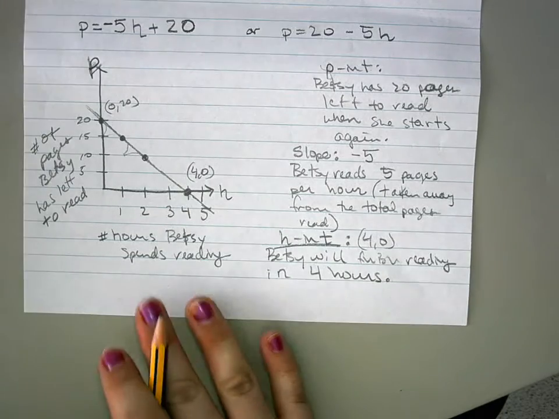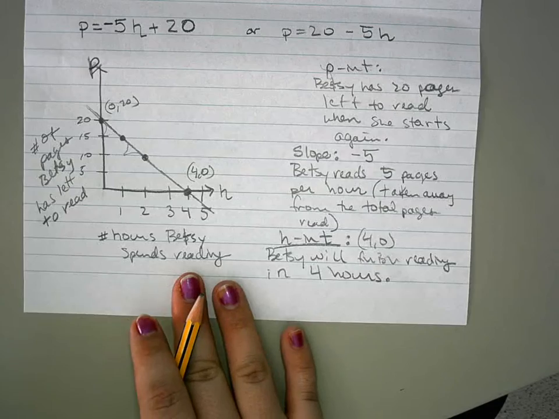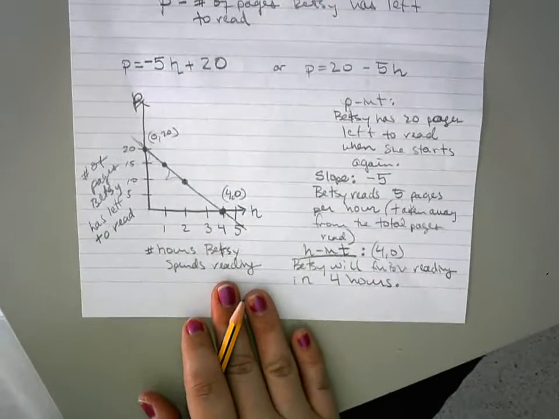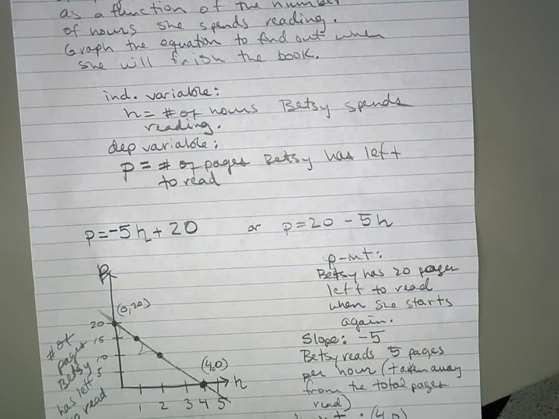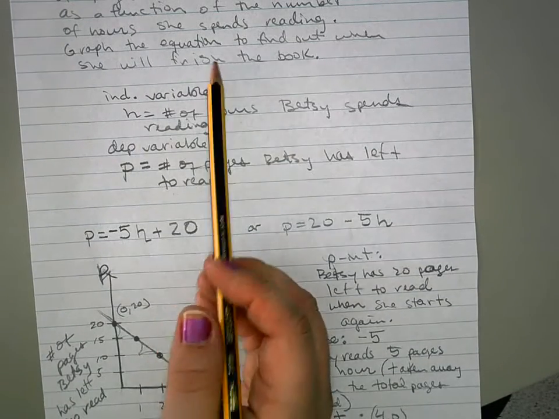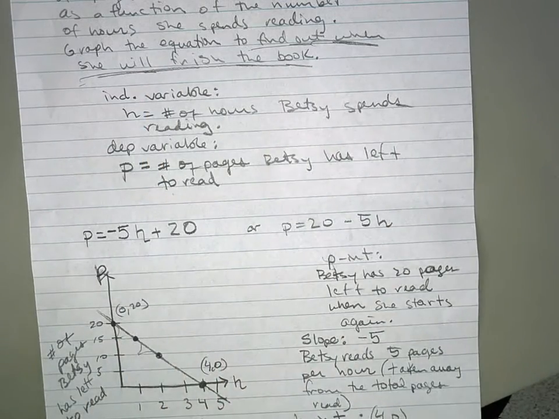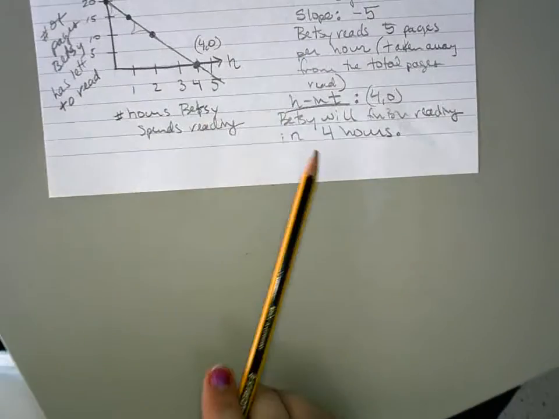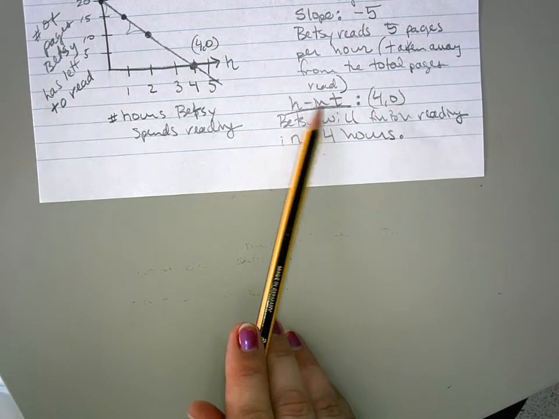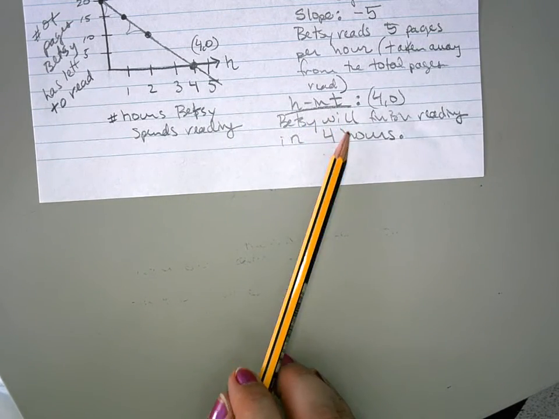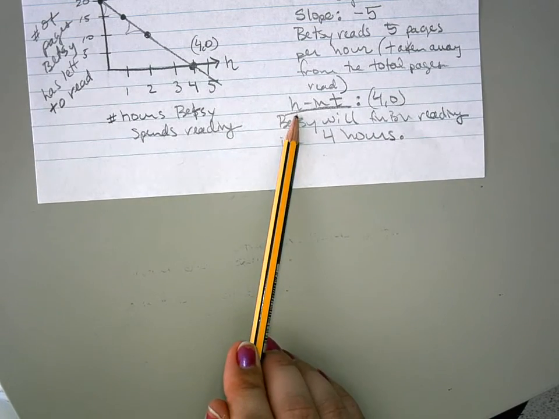Now, in this case, we already answered the last part of the problem, when we wanted to find out when she will finish the book. She's going to finish the book in 4 hours, and this is the significance of the h-intercept. In this case, it's kind of like our x-intercept. I'm saying x in quotes because it's not really x-intercept, it's h-intercept.